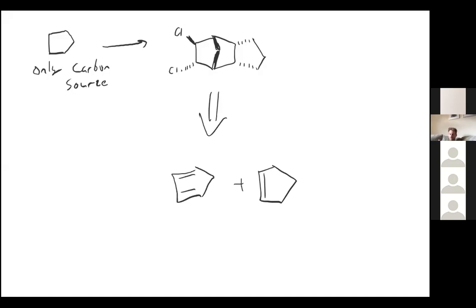So we've got to make these two components and then do our Diels-Alder reaction. Taking a look at our starting material, there's nothing on it, which means we have to do either a radical bromination or radical chlorination. So I'm going to throw in Br2 and light. You could use Cl2 and light, doesn't matter.